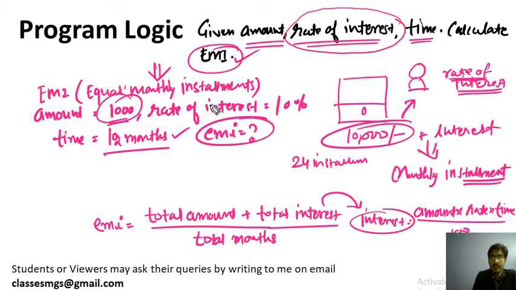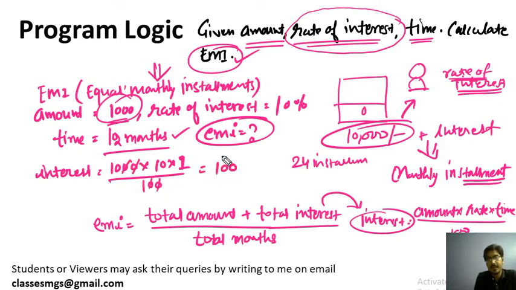So we need to calculate the interest first, then we will add it to the amount. Interest can be calculated by this formula: amount into rate of interest into time, where 12 months means 1 year, divided by 100. Then the interest will be 100 rupees. 100 rupees needs to be paid extra by the customer to the seller.